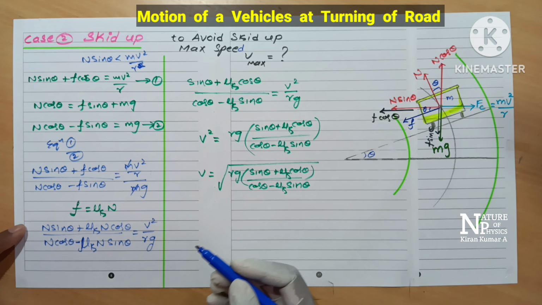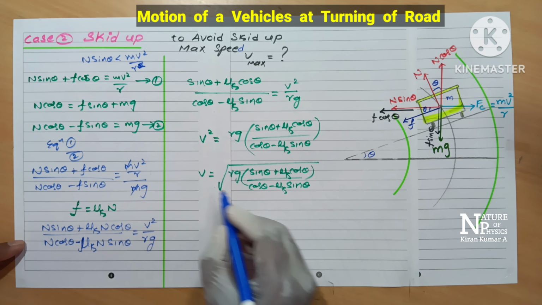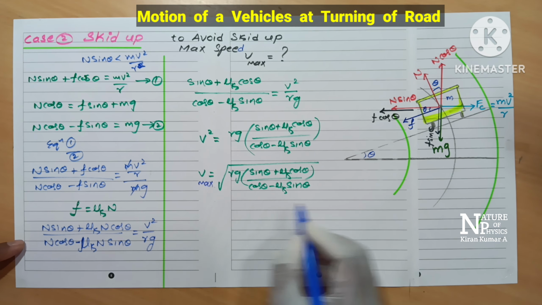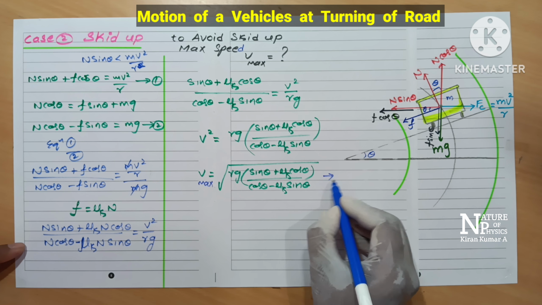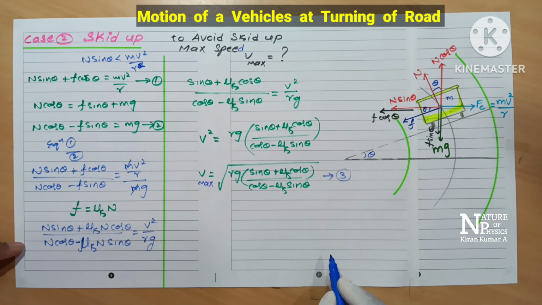See there, this is the maximum velocity equation, which I am considering as equation number 3.